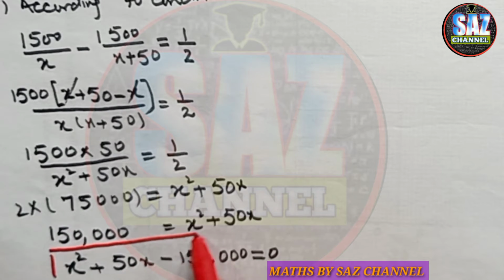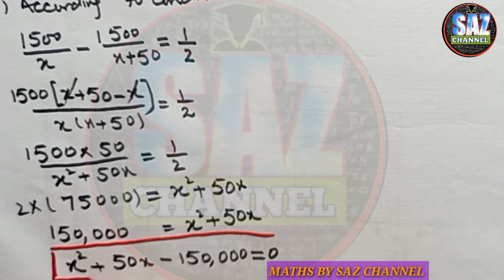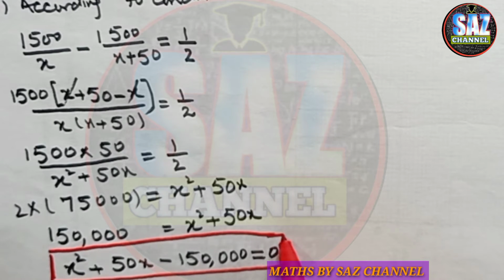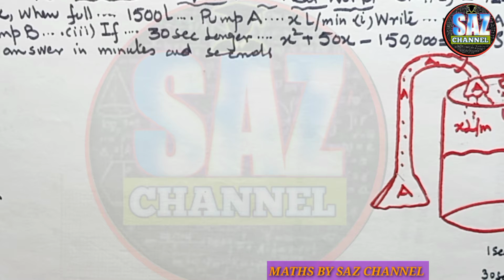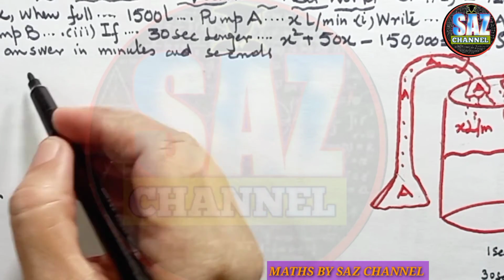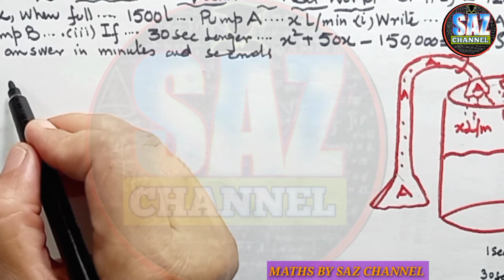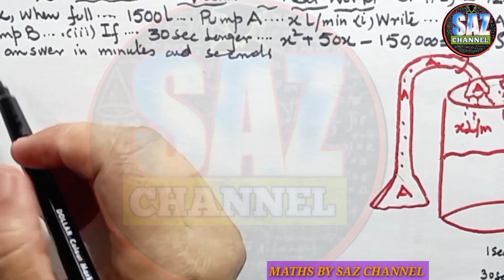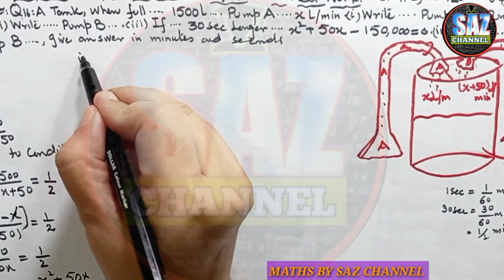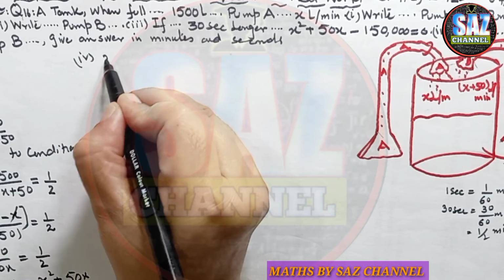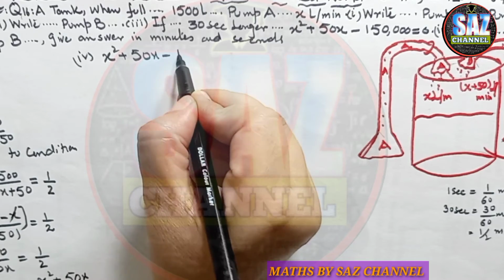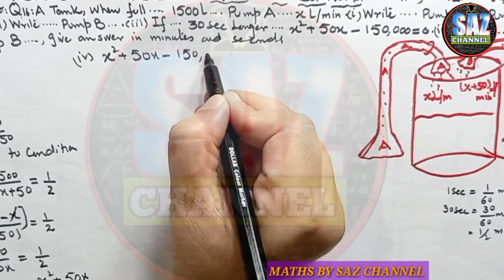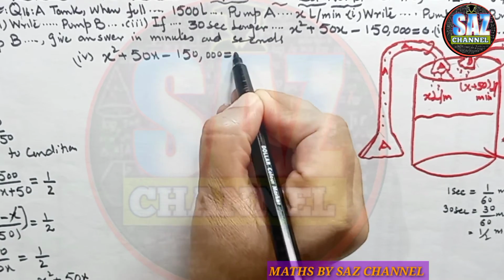Now the next part says that we have to solve the equation x square plus 50x minus 150,000 equals 0. That is the fourth part of the question.